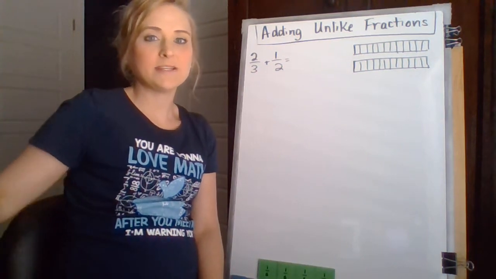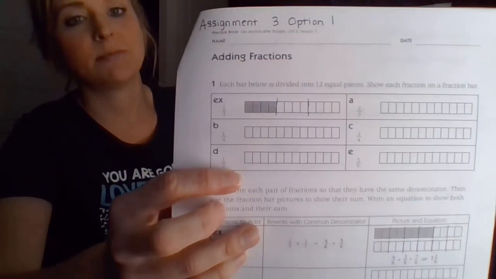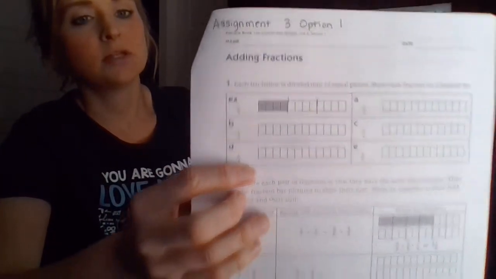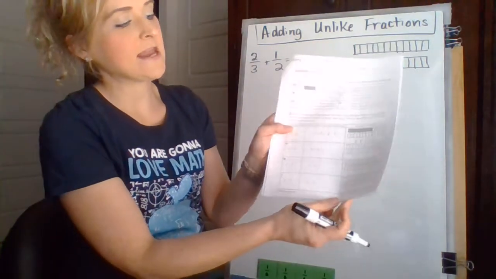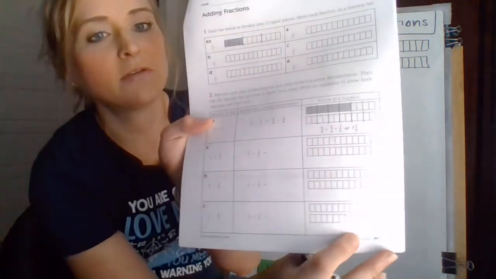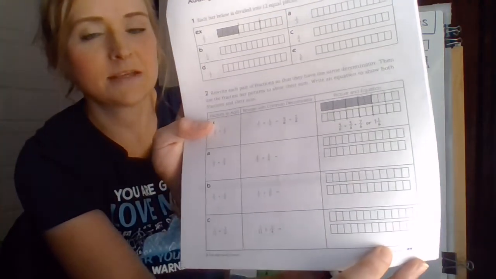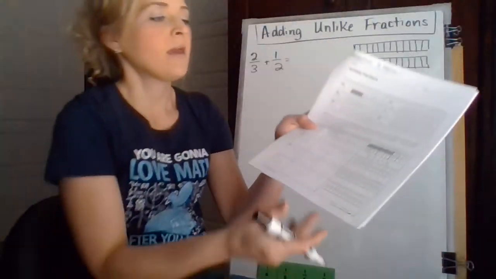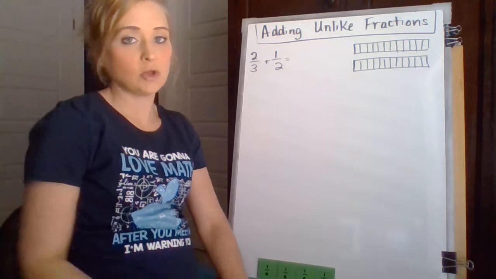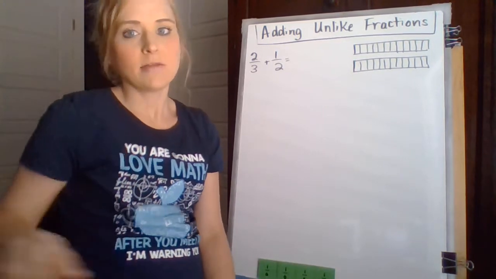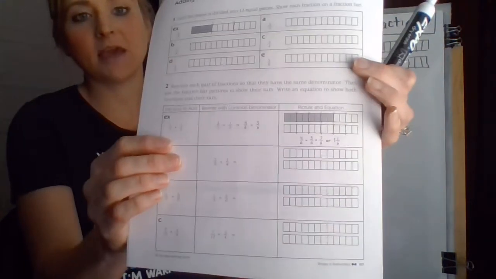Hey, 5th grade, I wanted to help you out with this page in particular, the adding fractions page. The bottom part has pictures already drawn for you to fill in, and I have a feeling that some of you might be confused by that, especially since there are so many different ways that you can add unlike fractions, and that kind of narrows you down into certain kinds of thinking.